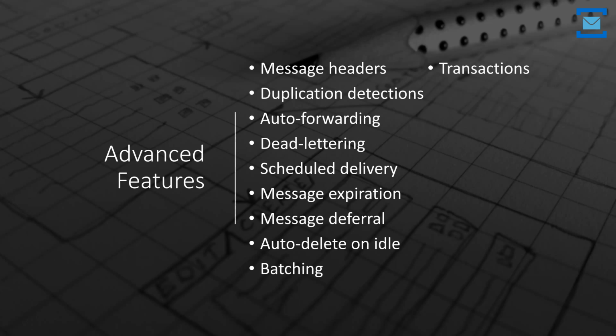So either we succeed to complete the incoming message and send out the outgoing, or we revert the outgoing messages and the incoming message becomes again available for reprocessing. So that is a messaging transaction, only available with Azure Service Bus.